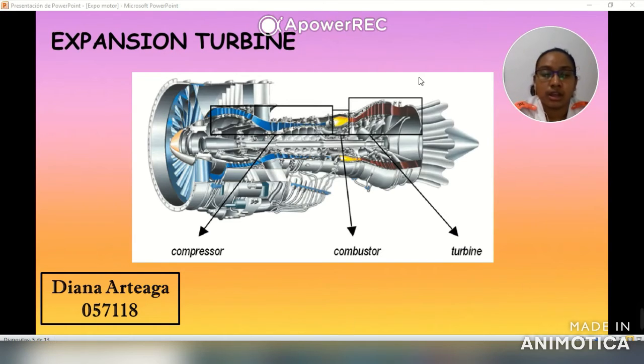In addition, before each stage there is a set of fixed blades attached to the casing whose mission is to direct the exhaust air from the combustion chambers and from each stage in the appropriate direction to the next.